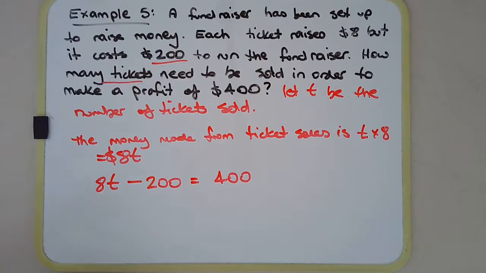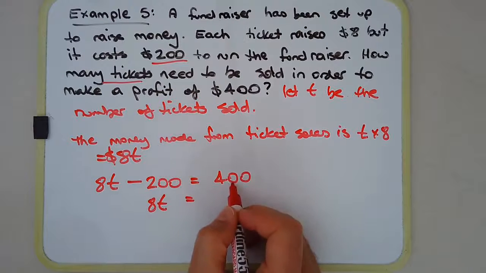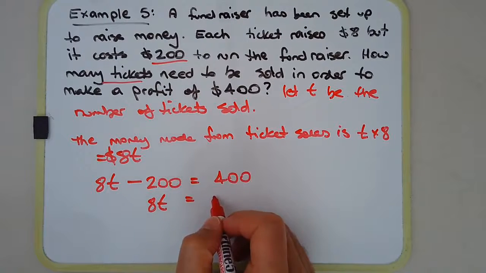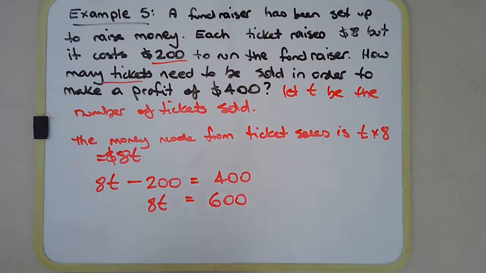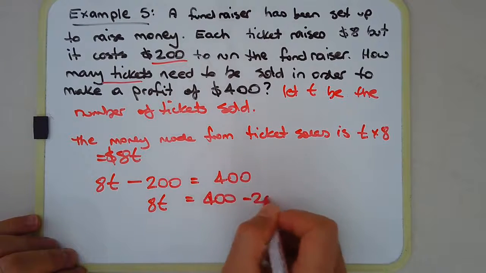This is just a basic two-step equation. Let's move the negative 200 over to the other side. 8T is equal to 400 plus 200, which is going to be 600. I'll show you the actual step itself.